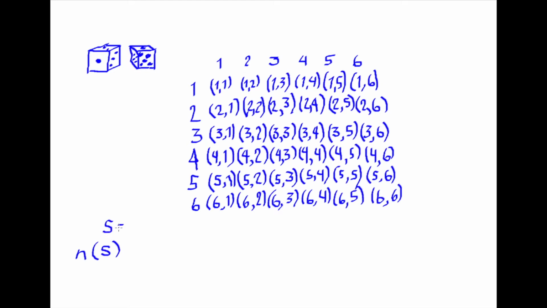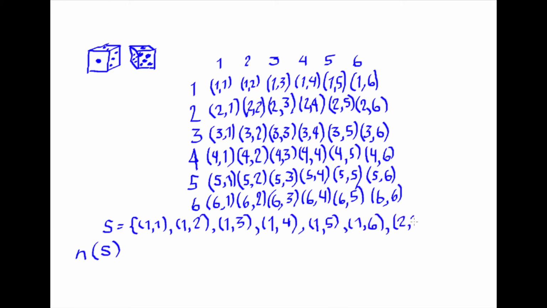So s is equal to, and we're going to put that in set notation: 1, 1, also we have 1, 2, we have 1, 3, and then we end here with 6, 6.